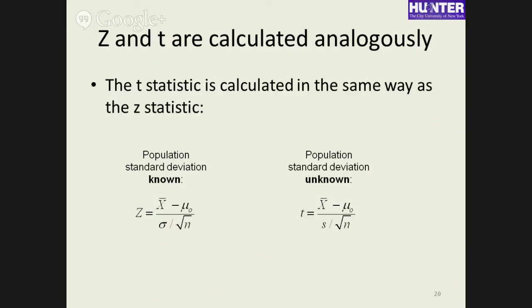Both of these, we're going to use them to represent a sampling distribution. And we're going to use a sampling distribution for hypothesis tests and for confidence intervals. In this class, we're going to use several different sampling distributions. We'll use Z, we'll use T, we'll use a chi-square distribution later.